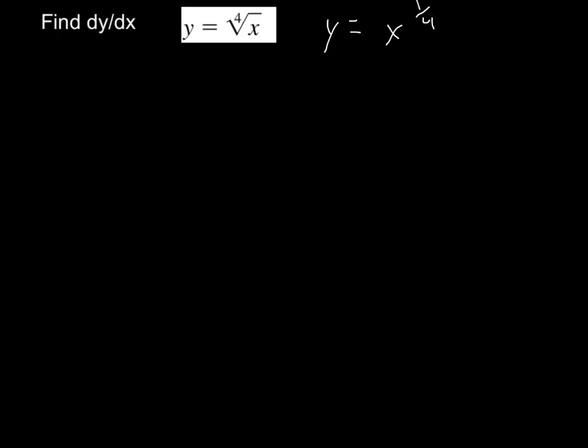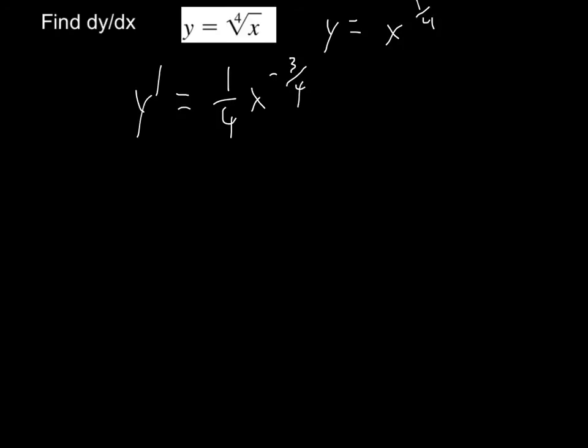So power rule just says take that exponent, put it in front, so we go y prime equals 1/4 x, and then now we just subtract 1 from 1/4, and we should get negative 3 over 4.